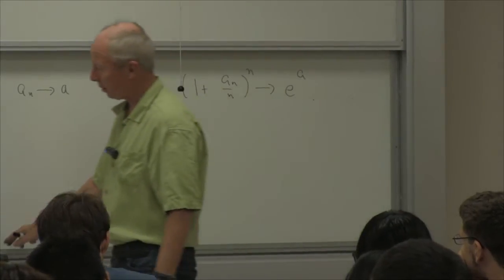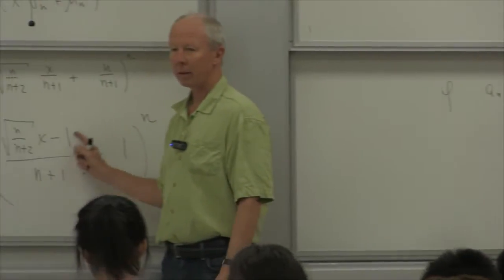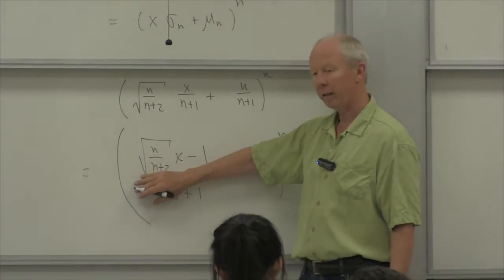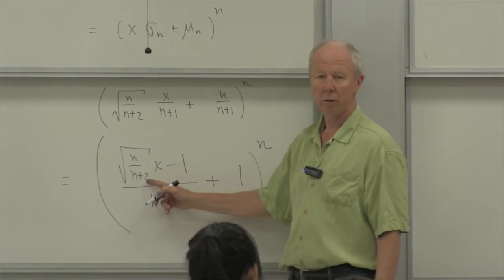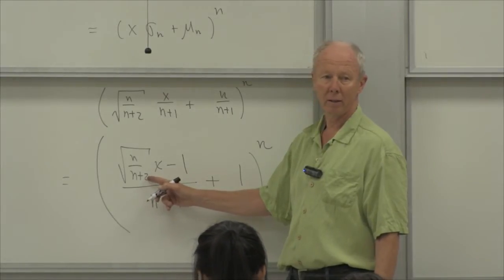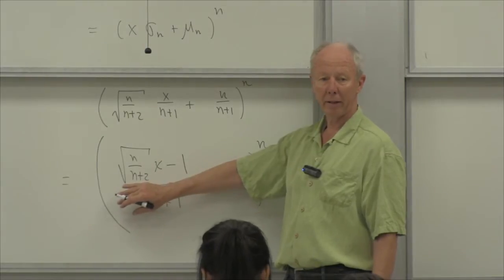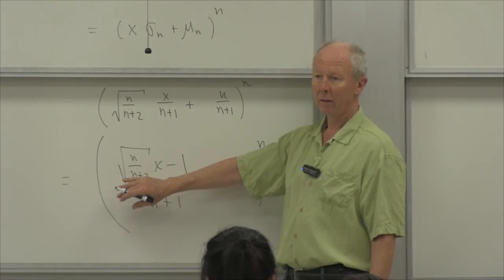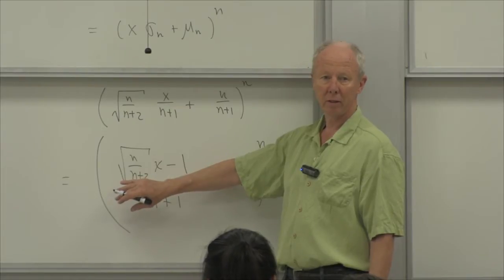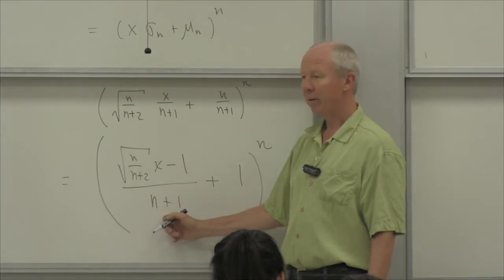We almost have that here. This would be the an. What does that converge to? Does that numerator converge to anything? What is this ratio, n over n plus 2, doing as n goes to infinity? Goes to 1. So the numerator here goes to x minus 1. And the denominator, is that n?